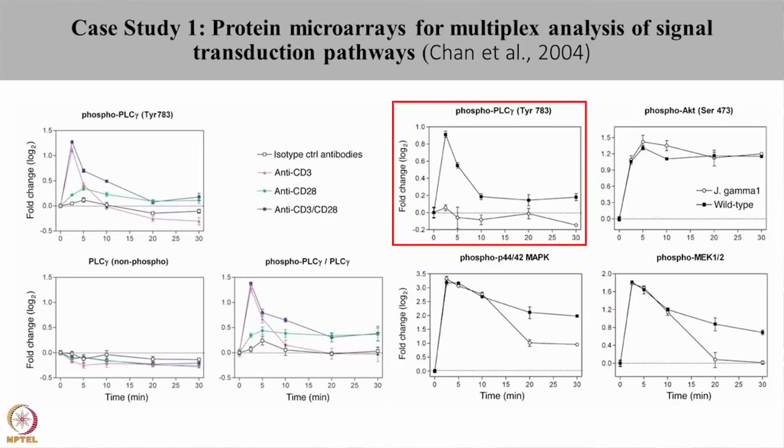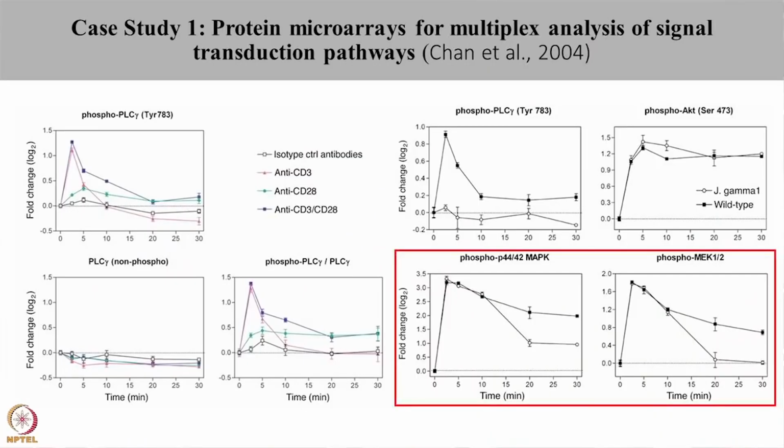In the first graph you can see that the levels of phospho-PLC showed an increased phosphorylation at around 5 minutes which gradually decreased. However, there was no change in phosphorylation status seen in the J gamma 1 cell lines, confirming that these cell lines are deficient in PLC.